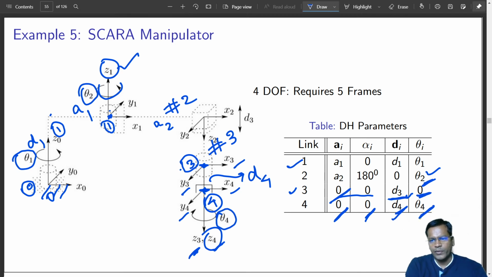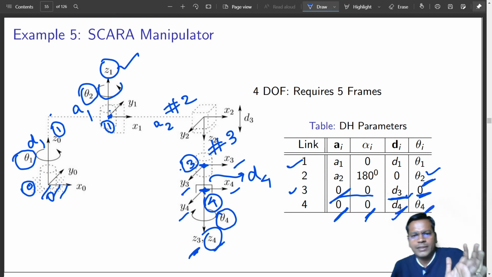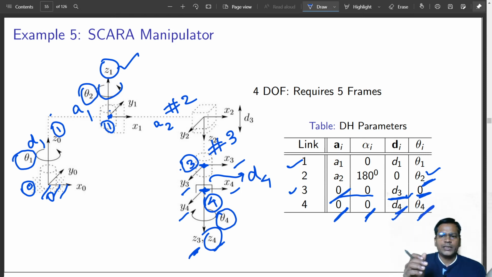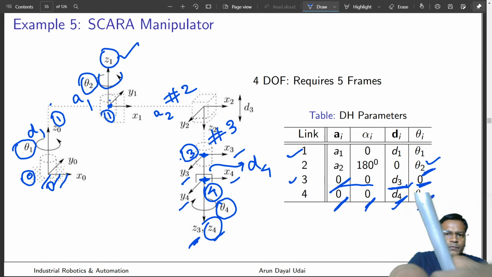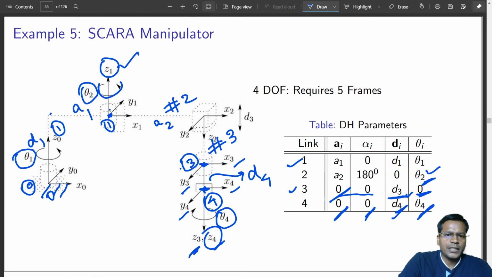So this is the joint variable now. If you take up a robot, try to put the frames first. All the z axes will be the rotation axes. Let me clear everything so that you can see most of the things globally now.